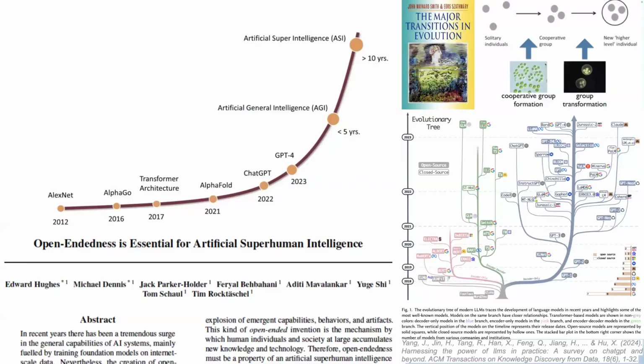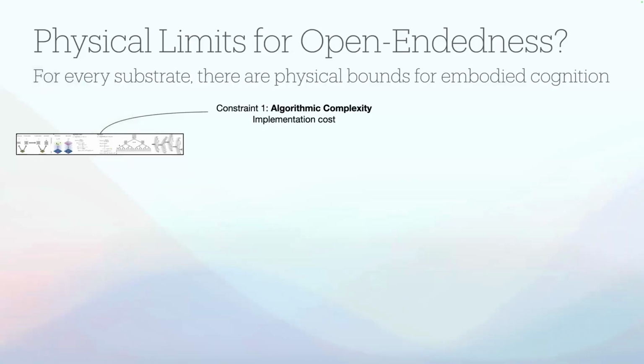And on the top right, what you're seeing is this very same picture from the major transitions in evolution. A bunch of people tried to use information theory and different tools in artificial life to study this phenomenon for a few decades already.